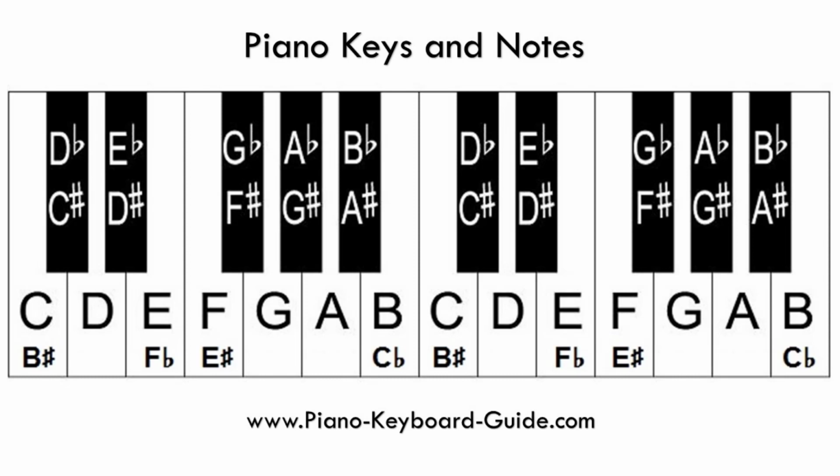Keys aren't actually called C, D, E, F, G, and so on. They just play those notes. The same keys play other notes as well. This is important to understand, especially when one is learning to read music as well as musical scales.